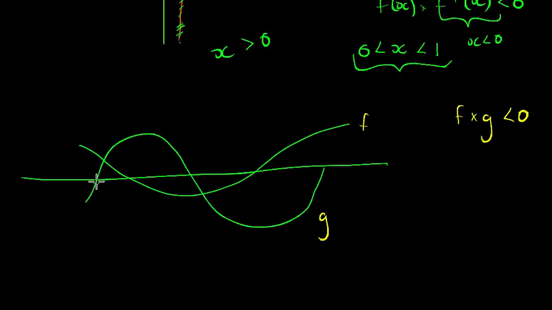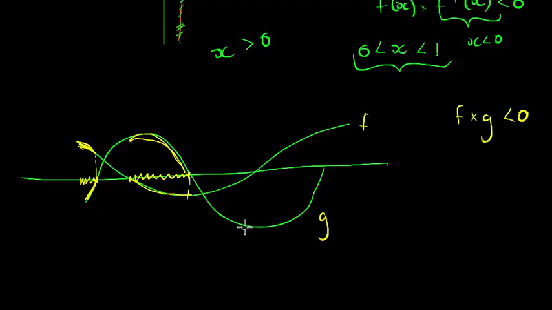Here you can see for this little bit, g is below and f is above. But now both of them are on the same side until we get to the next intersection. Between here and the next intersection, this one is above, that one is below. So if we had to answer this question, we would use this part and that part up to there, and now they're both on the same side.